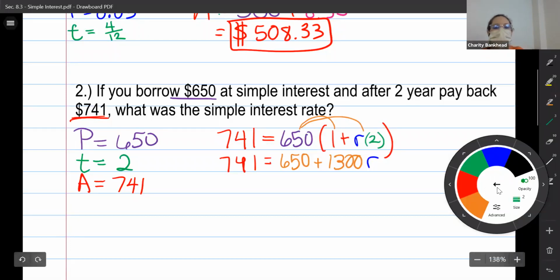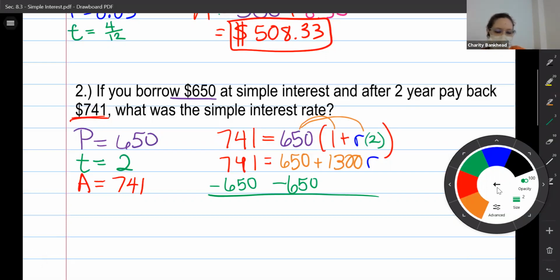And then I'm just trying to solve for R, so I'm going to subtract 650 from both sides. So 741 minus 650 is 91.